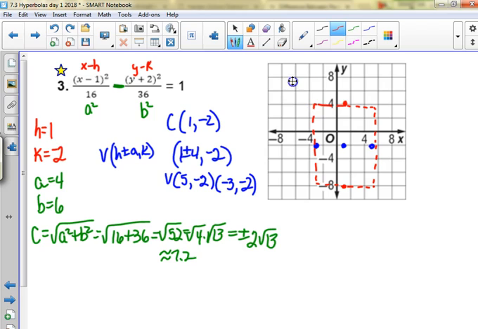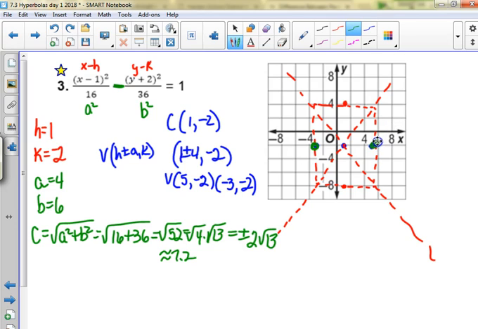Draw our asymptotes. Really important that they go through the center. And then which way am I drawing this one? Yeah, the vertices were over here. They are actually on the rectangle, okay?